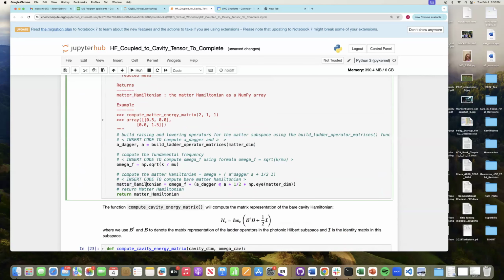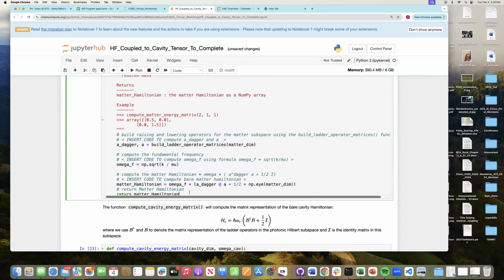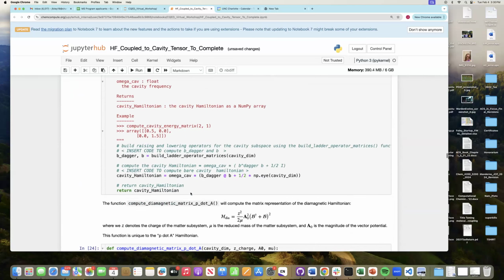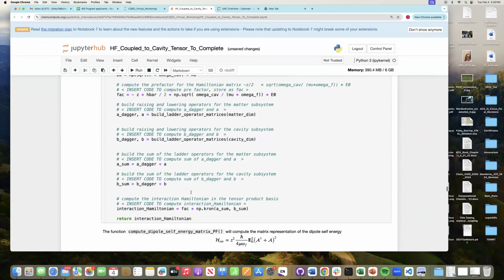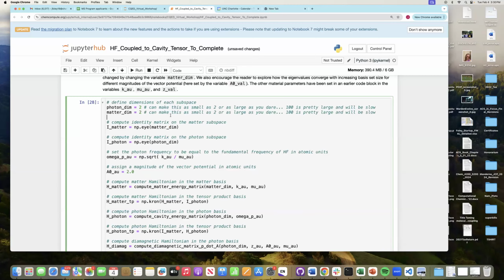So we get 2 fixes here. Either make this uppercase Hamiltonian, so matter underscore Hamiltonian, return matter Hamiltonian. Okay, so let me rerun this cell. And now I'll come back down to the cell where we're printing and try again.